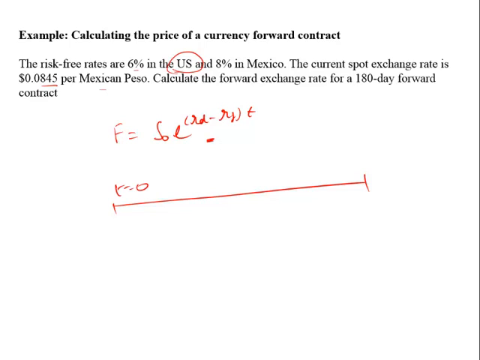But the price will always be determined by the no arbitrage relationship in forwards, that is S e raised to power RT. So the spot price in this case is $0.0845 per Mexican peso into e raised to power the domestic risk-free rate of 6% minus the foreign risk-free rate of 8%, into the time that is 180 by 365.